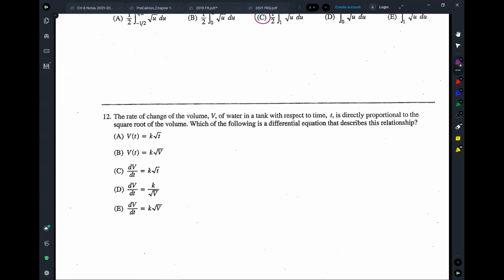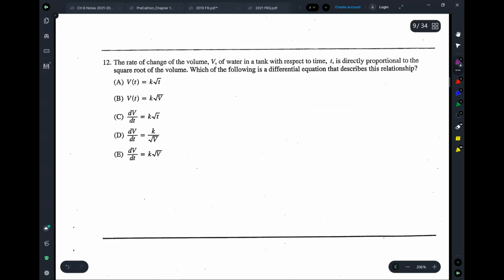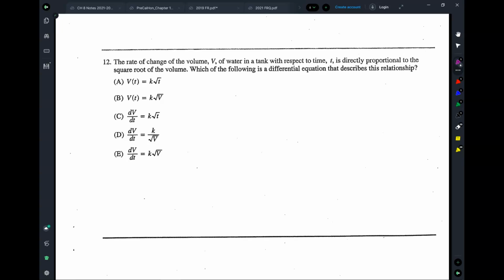Speaking of the rate of change of volume in a tank. Okay, the rate of change of volume of water in a tank with respect to time is directly proportional to the square root of the volume. There's the magic phrase. So now you pause and you say, what is proportional to what?